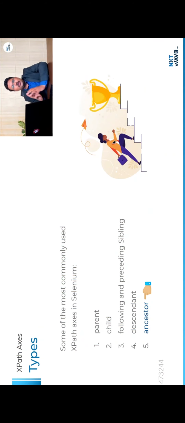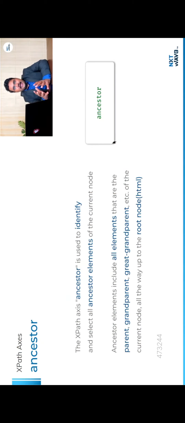All right. So till now we have checked out multiple axes: the parent axis, child axis, following and preceding sibling axis, descendant axis, and so on. Now, let's look into another axis called the ancestor axis. In XPath, the ancestor axis is used to identify and select all the ancestor elements of the current node.